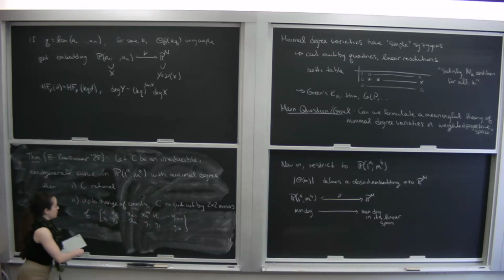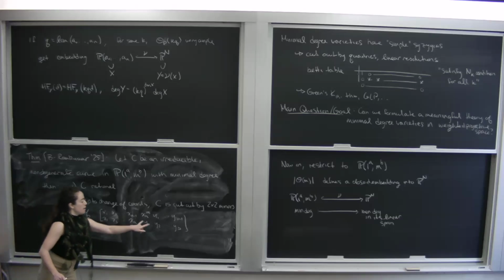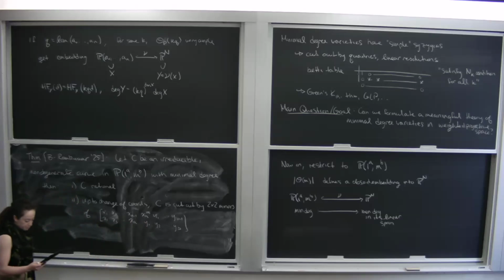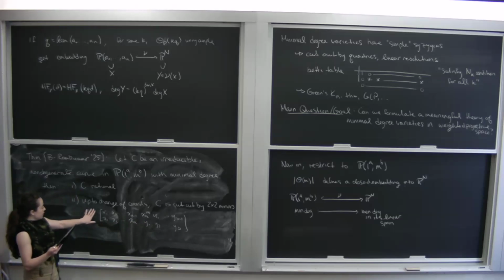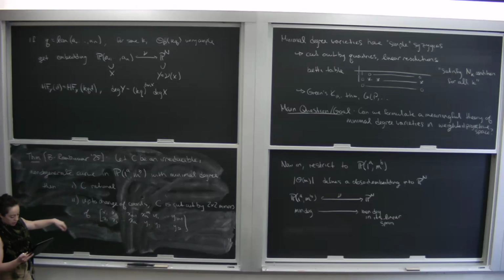Okay. So all of these curves of minimal degree are going to be cut out by matrices that look like this, up to a change of coordinates. And you want to think about these as weighted analogs of rational normal curves.